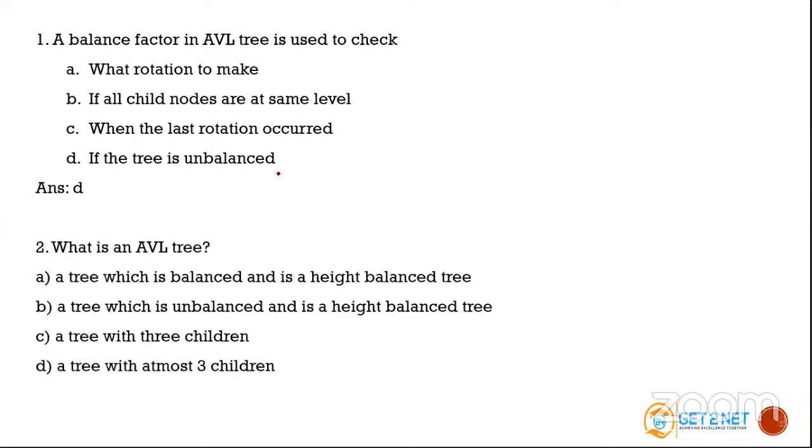Next is what is an AVL tree? A tree which is balanced and is a height balanced tree. A tree which is unbalanced and is height balanced tree. A tree with 3 children. A tree with at most 3 children.